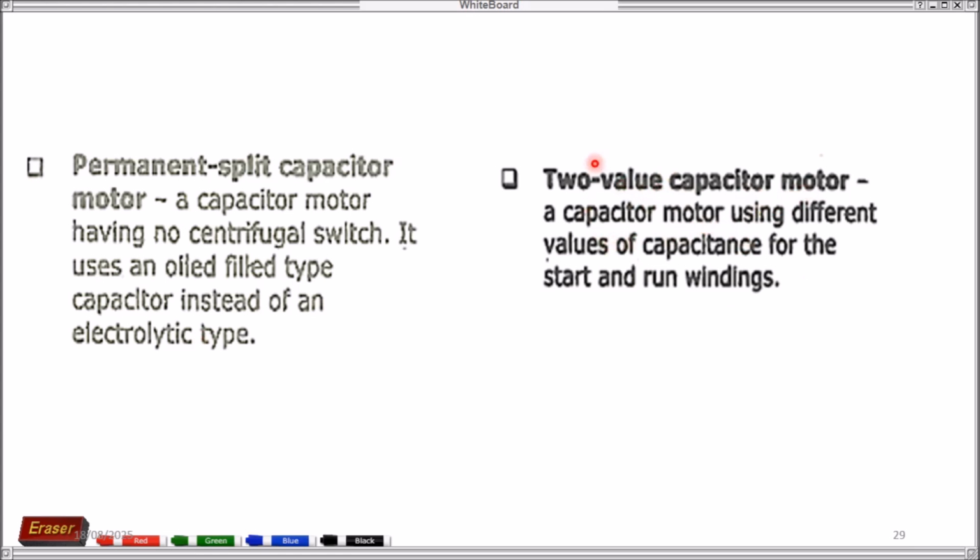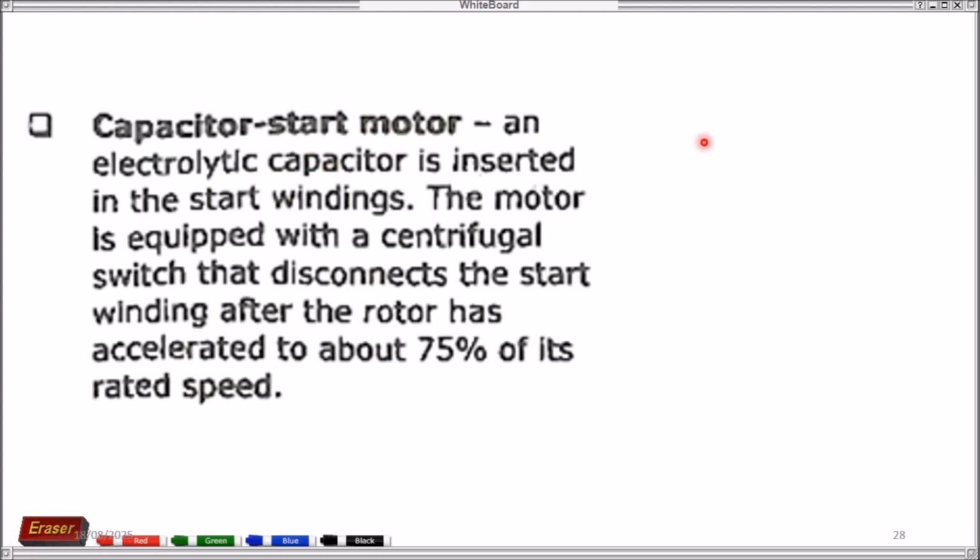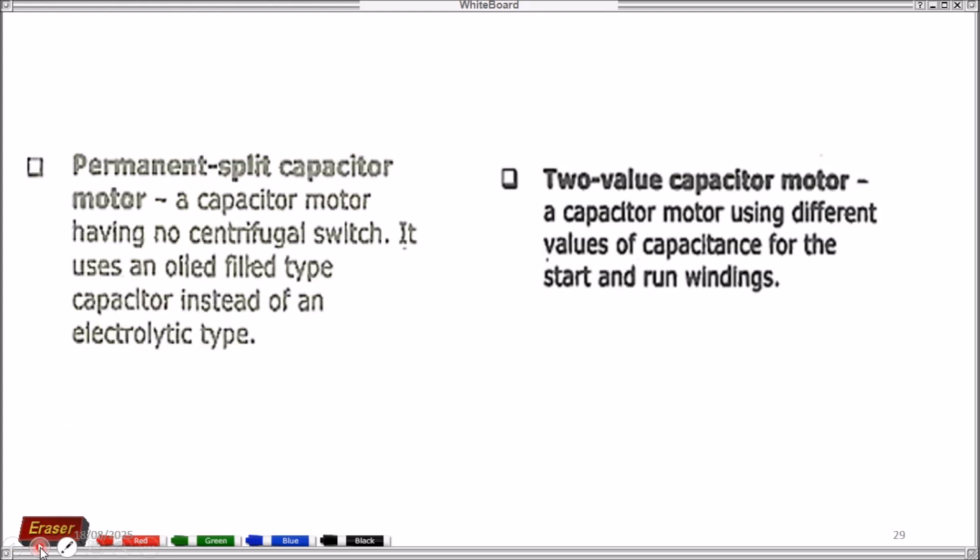The other name for this type of motor is capacitor start, capacitor run motor. Habang itong capacitor start motor, the other term for this one is capacitor start induction run motor.